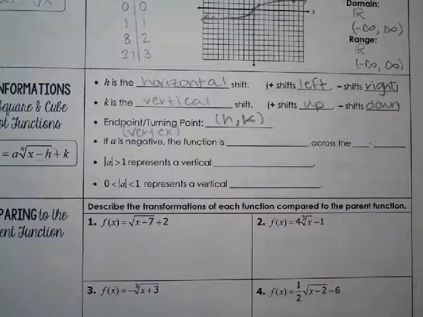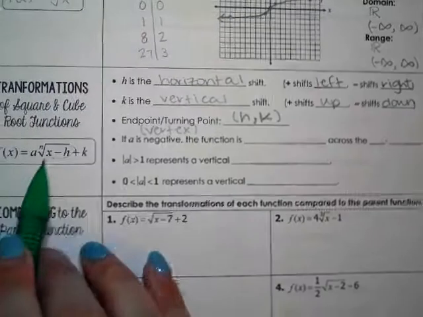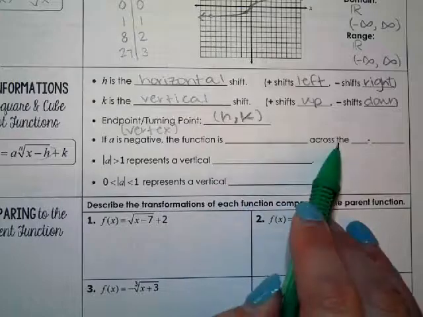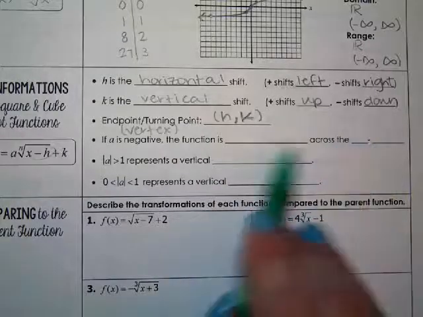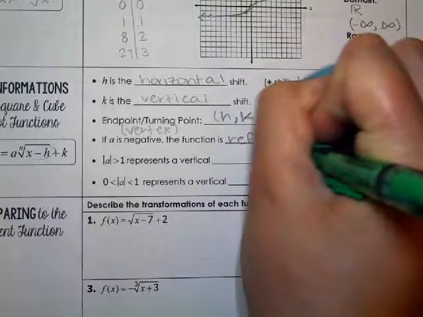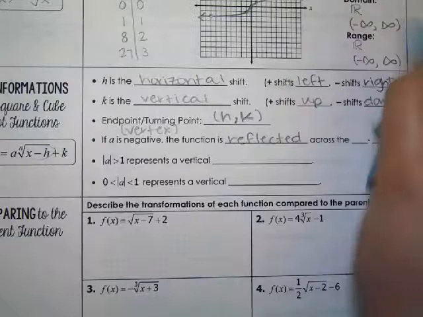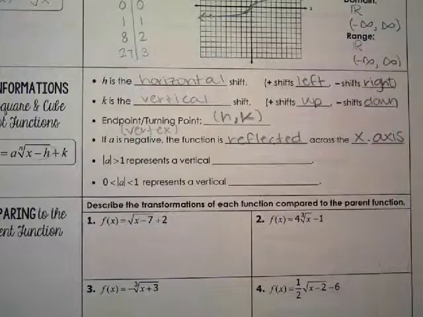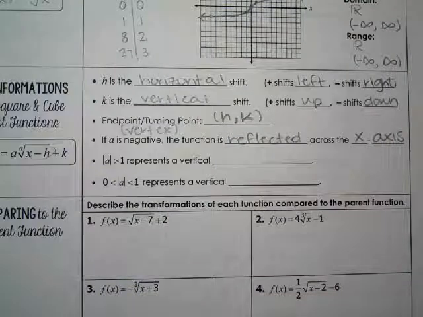If the A value is negative, the function is reflected across the x-axis. Okay.